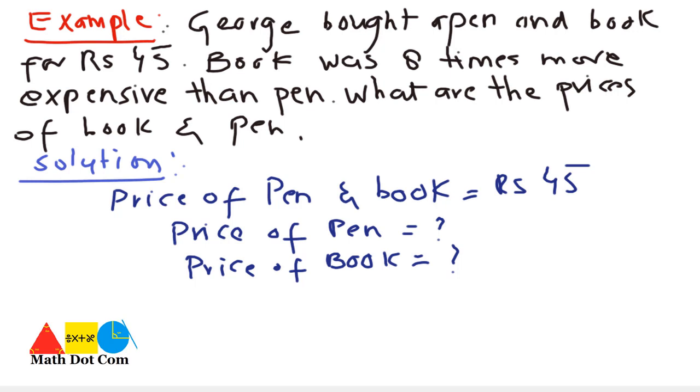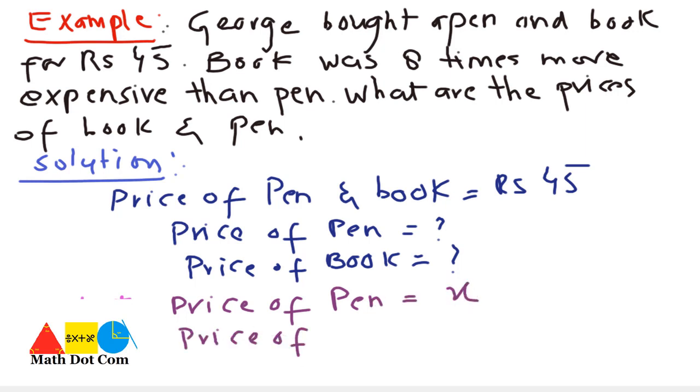So we can write, let price of pen equal x, and the price of book is 8 times more than pen. So it means you will do what? Multiply 8 with x.